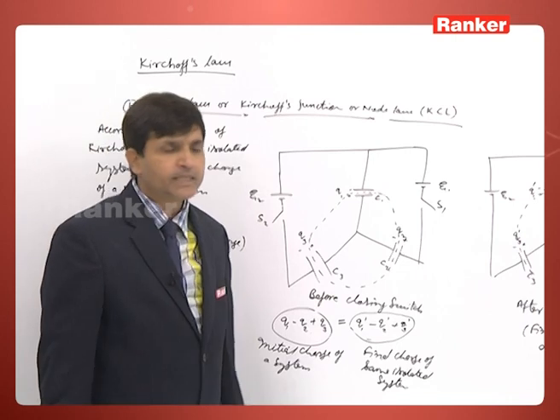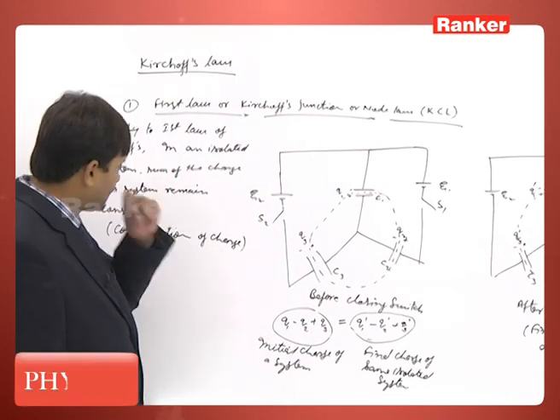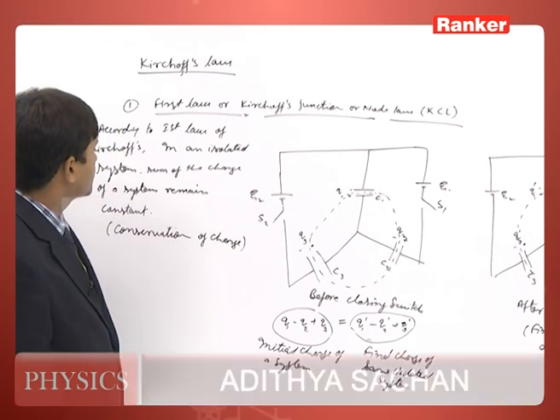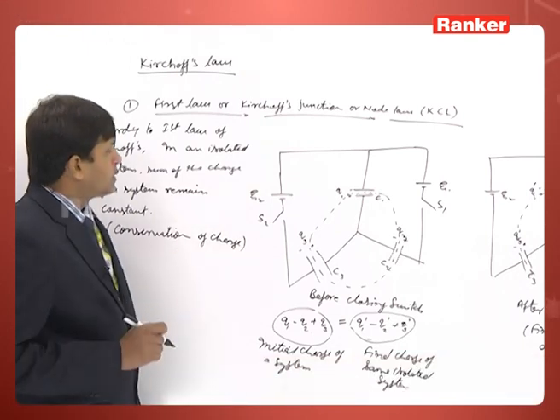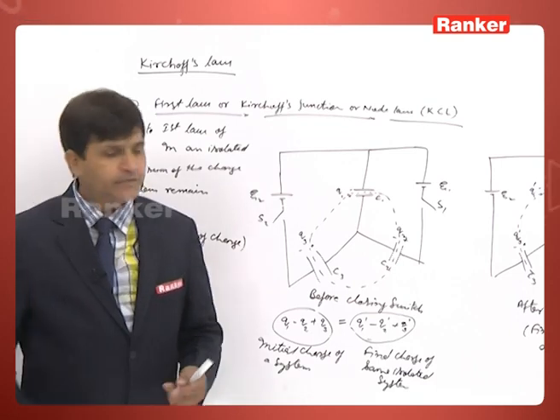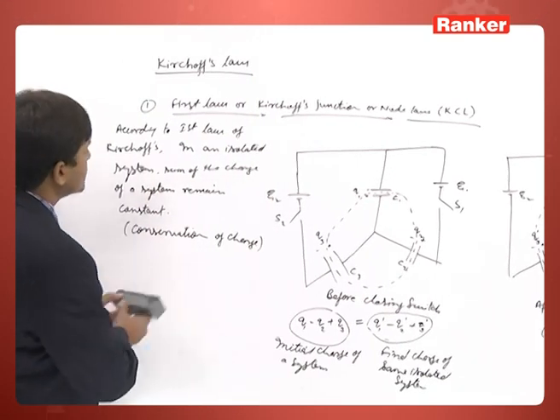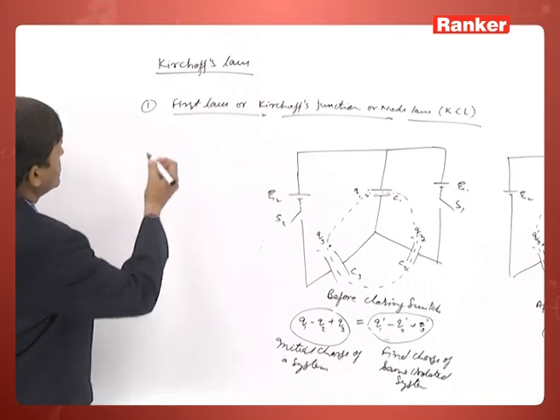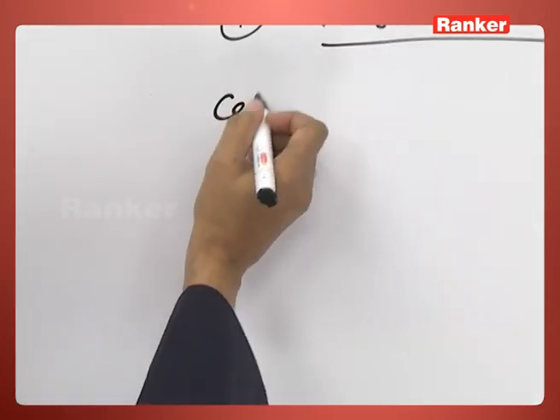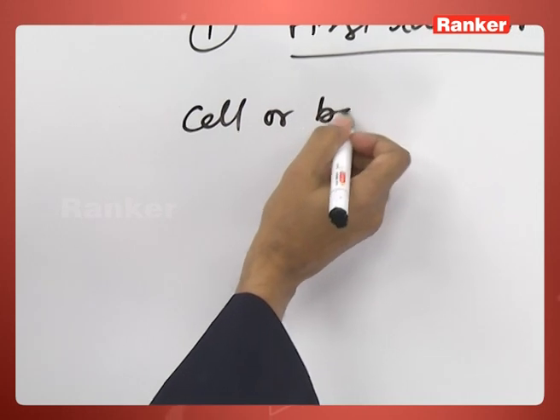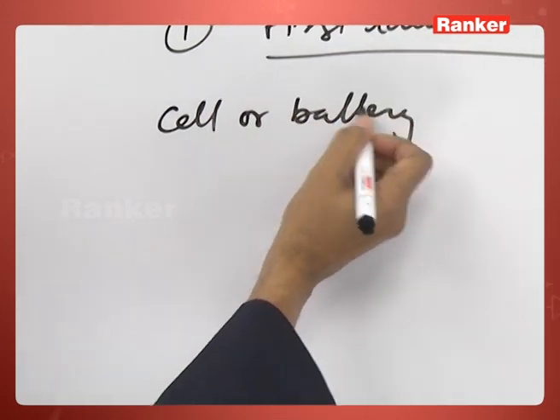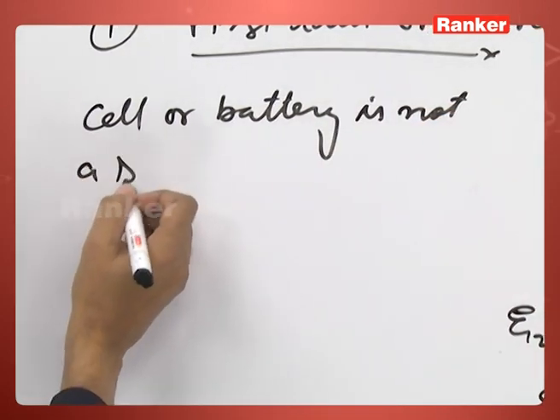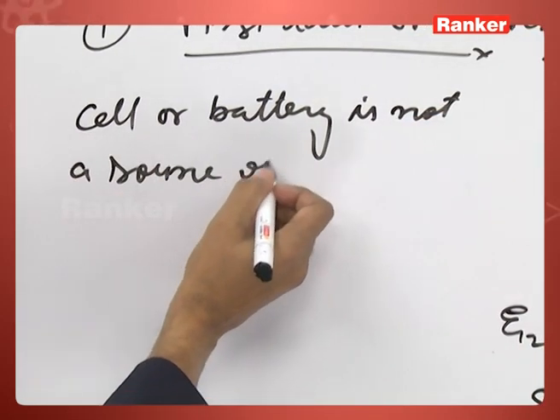See, one more interesting point here: the same thing we can use in another way also. Important point here, as we know, a cell or battery is not a source of charge. That concept we can also use.